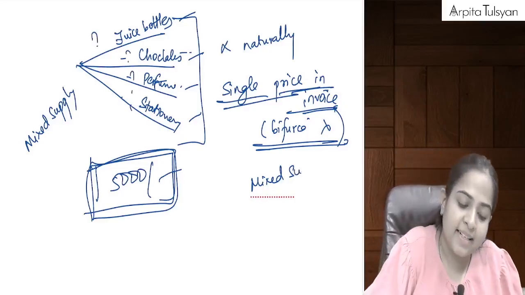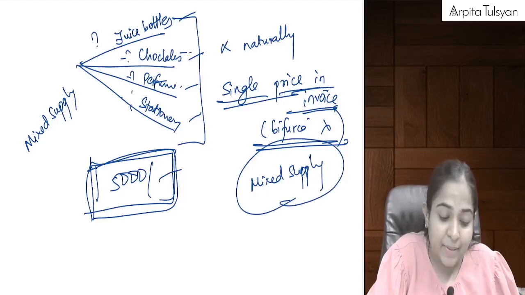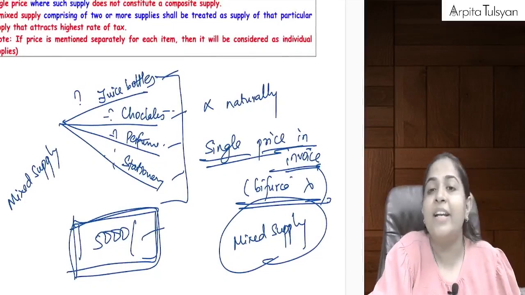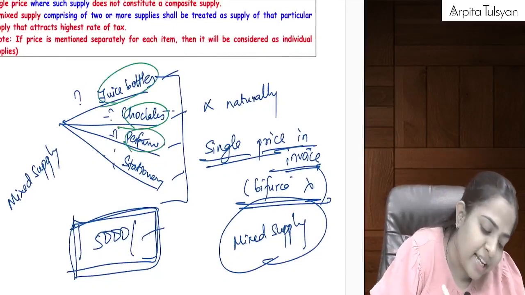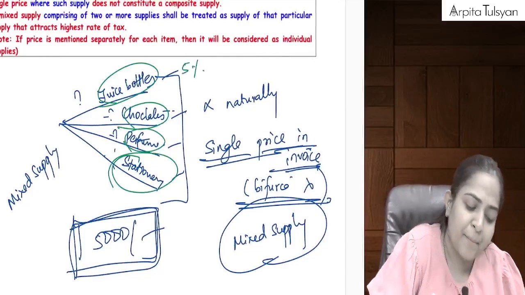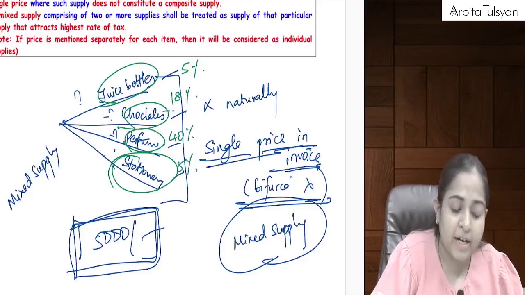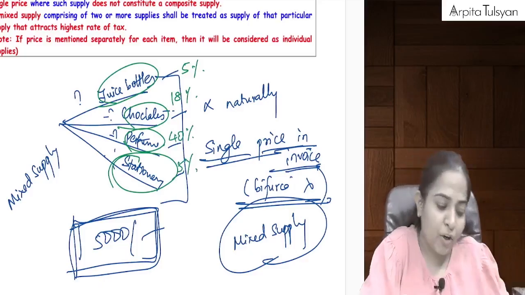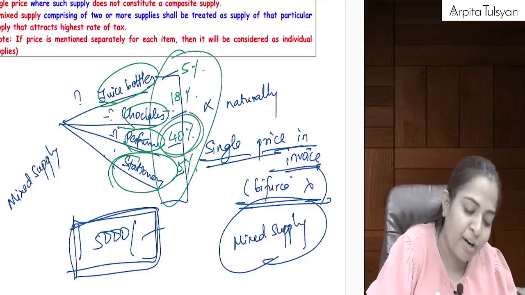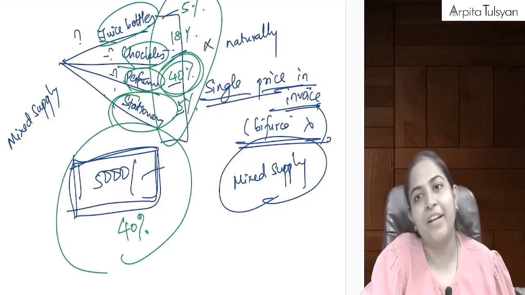They are telling us to consider this as a mixed supply, and then whatever is the highest rate of GST amongst all the four items will apply. Let's say on juice bottle it is 5%, chocolate is 18%, perfume is 40%, stationery is 5%. The highest rate is 40%, so 40% will be applicable on this 5,000.